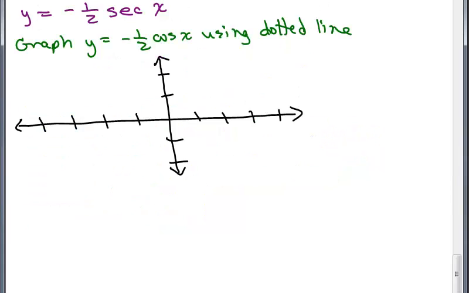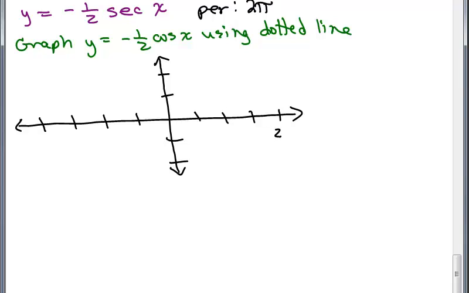So we want to graph y equals negative 1/2 secant of x, and note that will be the same period as for y equals negative 1/2 cosine of x. So note the period will be what? Well, for y equals negative 1/2 cosine of x, the period is 2 pi, so that will also be true for the secant. So let's see.